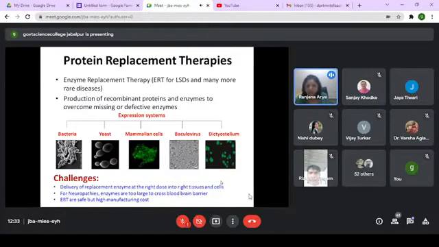The only problem there is that you need a good, robust recombinant protein production system, which could be bacteria, yeast, mammalian cells, or baculovirus. And our lab has developed Dictyostelium also as a recombinant protein system, where at a low cost, you can produce eukaryotic genes or therapeutic proteins, which can be used for drug development.